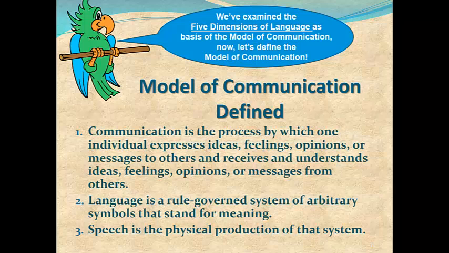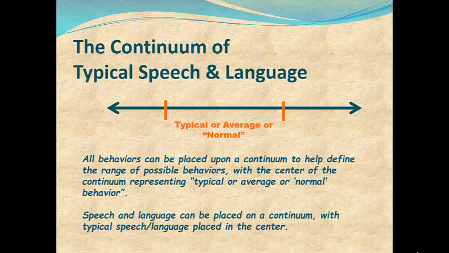Number 2, language is a rule-governed system of arbitrary symbols that stand for meaning. 3, speech is the physical production of that system. The continuum of typical speech and language.